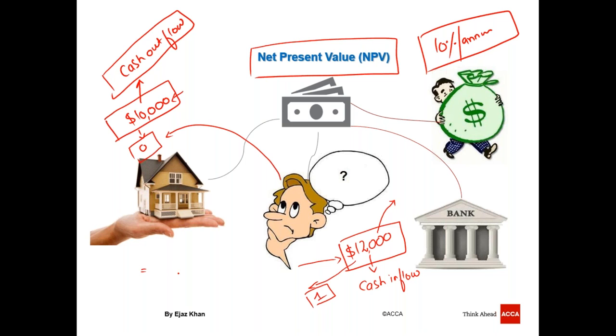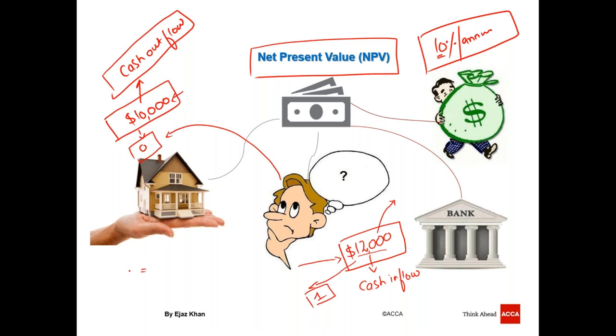As you know, the minimum that the company would like to have is to recover the initial investment and the 10% return on investment. This is the minimum that a company would like to generate from a particular project. At the moment, this company is going to get $12,000 at the end of year one.